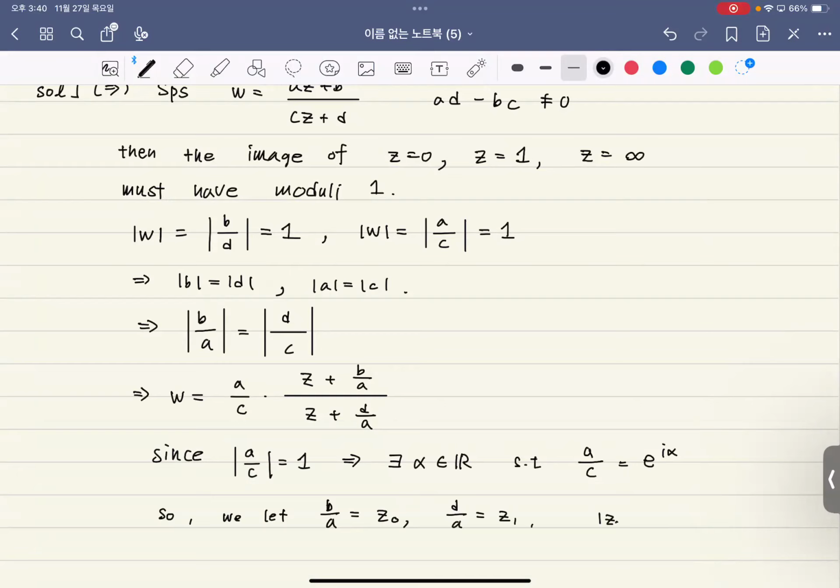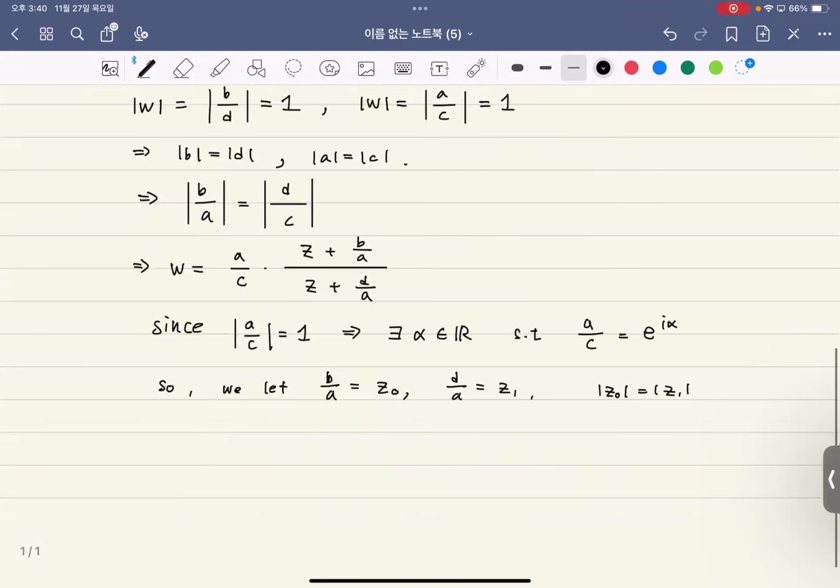And z0 and z1 have the same moduli. So eventually, I can simplify these linear fractional transformations like this, z plus z0 over z plus z1.